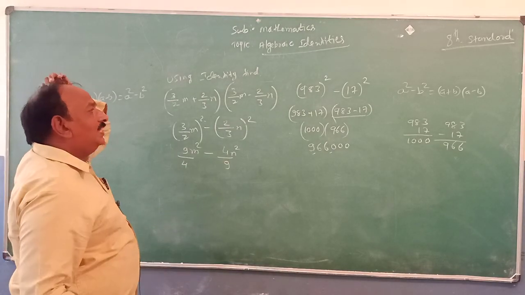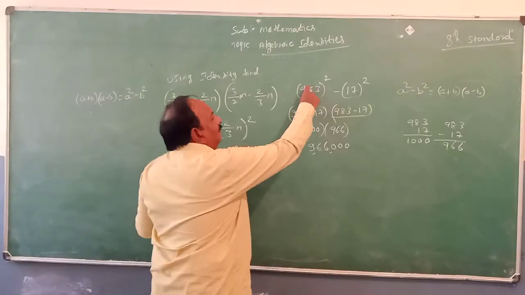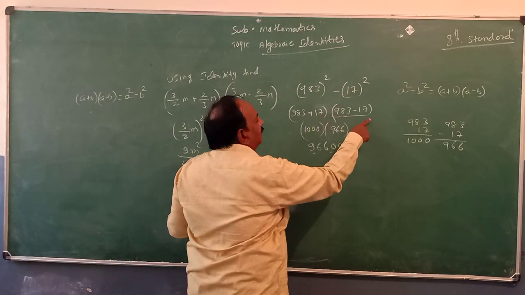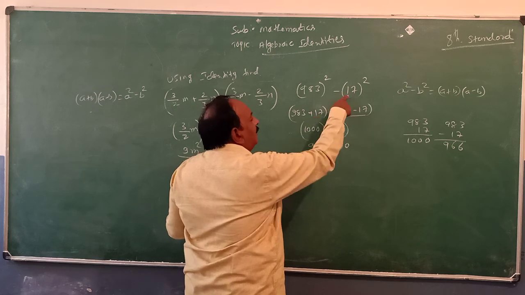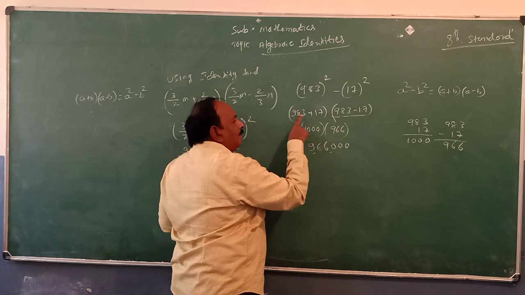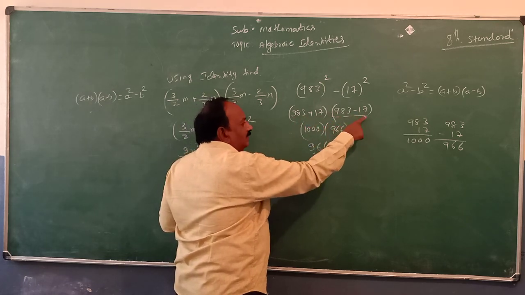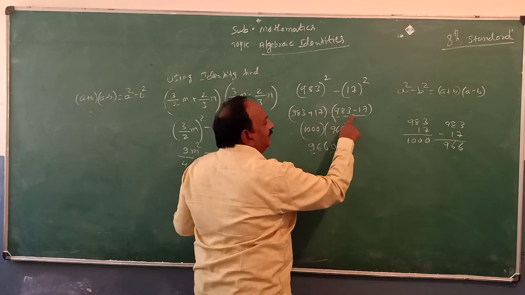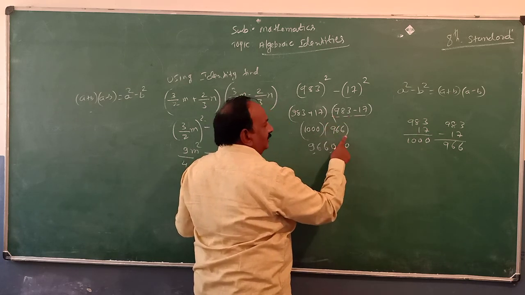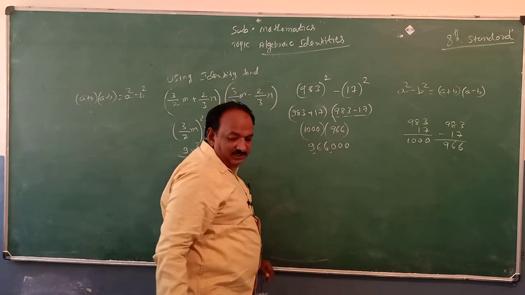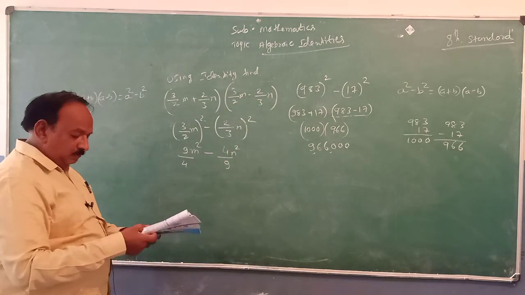So once again, a square minus b square, (a + b)(a - b). 983 plus 17, 983 minus 17, a plus b, a minus b. 983 plus 17 is 1000, 983 minus 17 is 966. 966 into 1000 is 9,66,000.